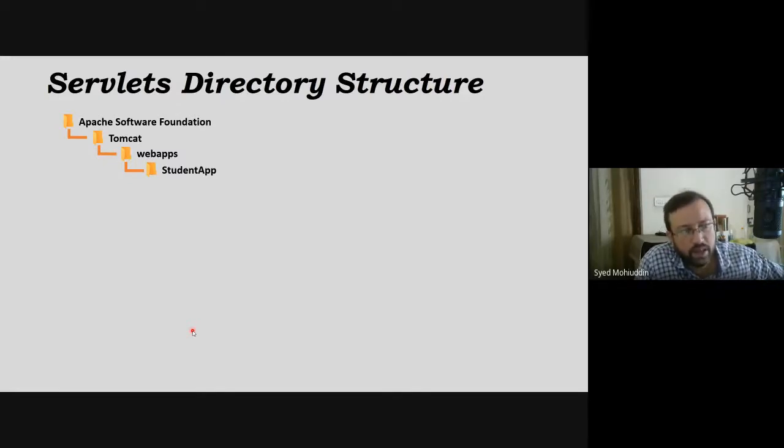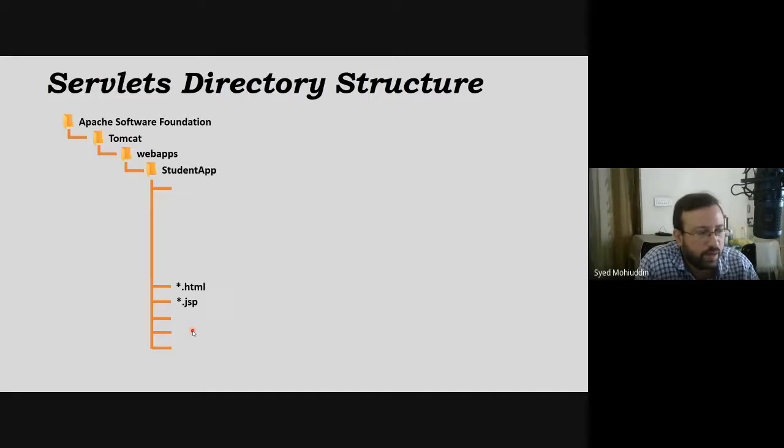Within the Students app, at the root of the folder, you will have all the HTML files. That asterisk or star means all HTML files you will be keeping there.